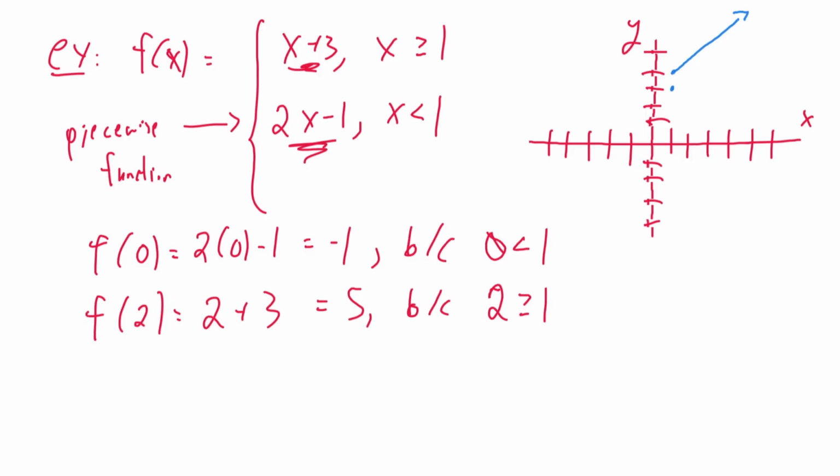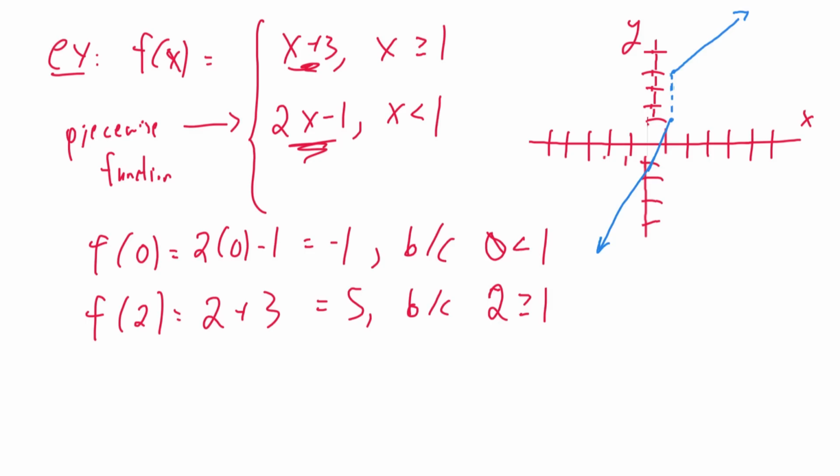And then for the x less than 1, I think the picture would be like this, where there's somehow a jump in between these two values. So we essentially have two different pieces of a line put together, but then there's a gap, a jump at essentially x equals 1 because I changed the rule there. So the way that the function operates changes at that point. So this is again called piecewise because I have two different pieces here.